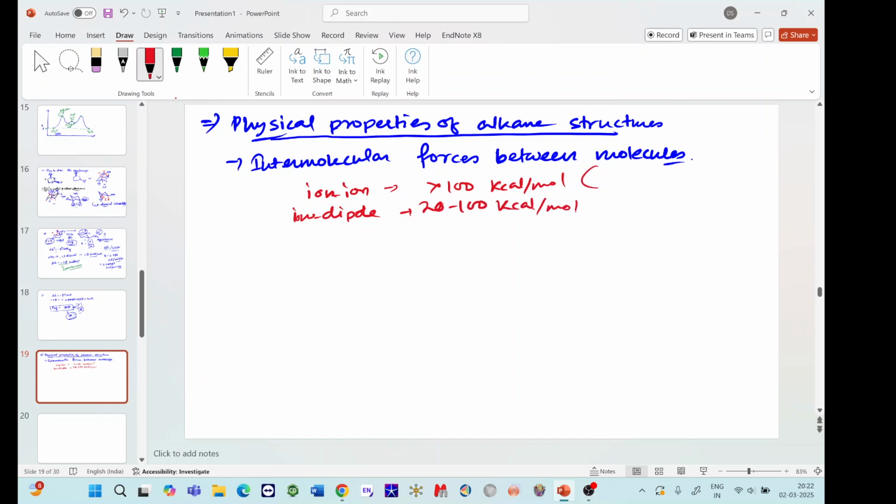Ion-ion you can observe in NaCl, something like that, and ion-dipole also you can observe in some ionic solids. Then you have dipole-dipole, that is 1 to 10 kilocalorie per mole. You can observe this in polar compounds.